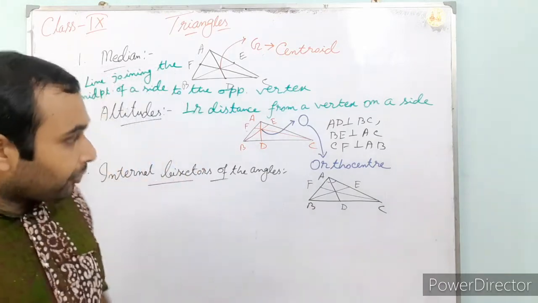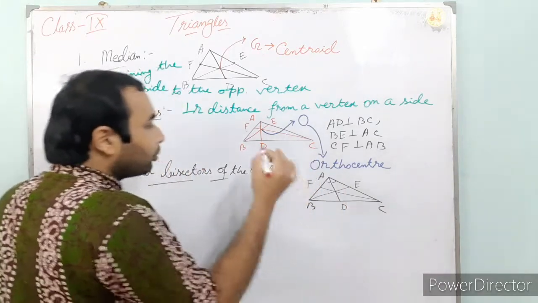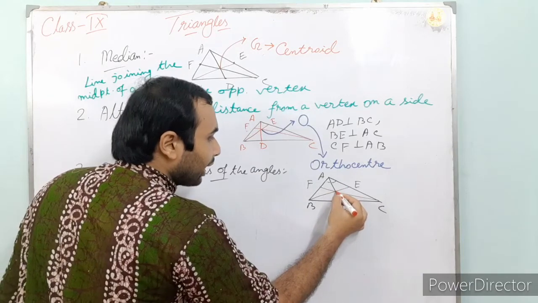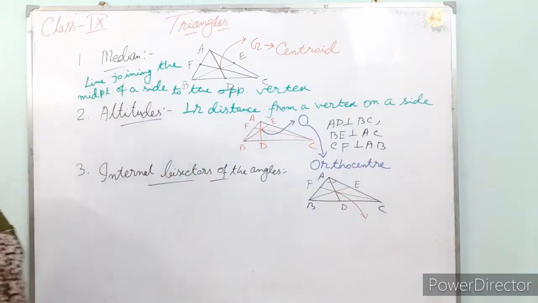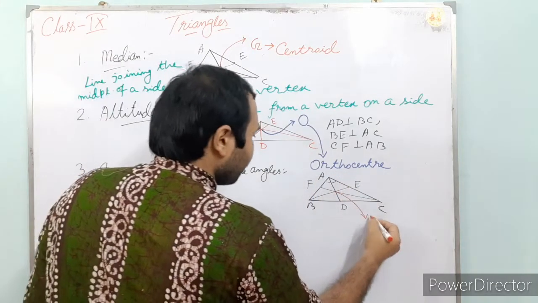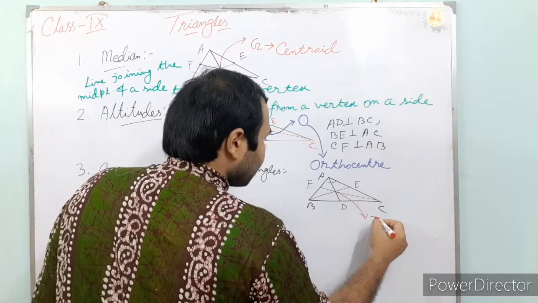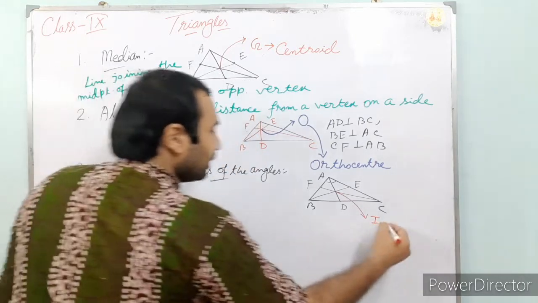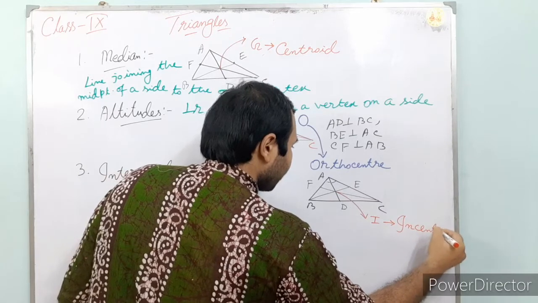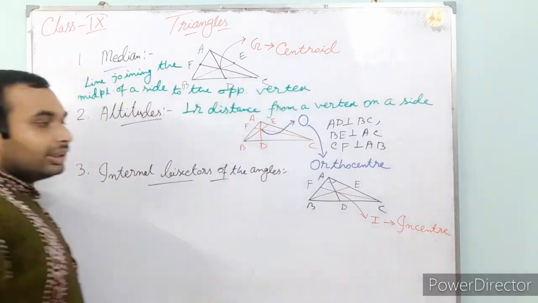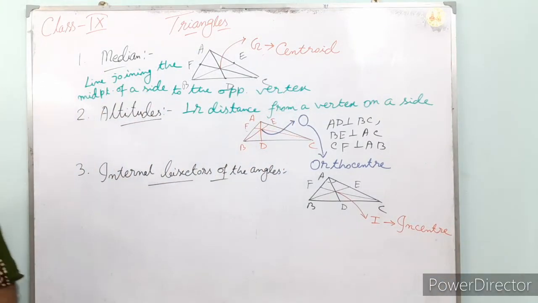I want to say that here also those angular bisectors are intersecting at one point, and if we give the name of that point as I, then this I is the incentre of the triangle.